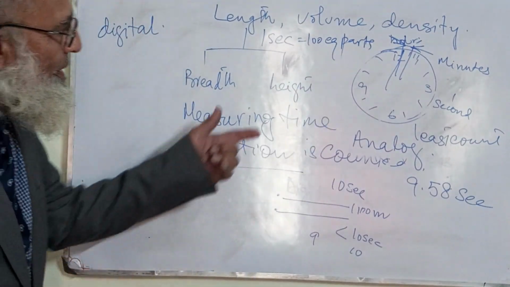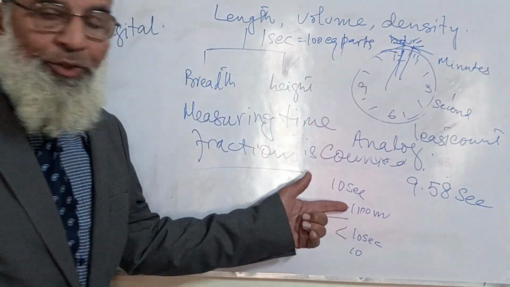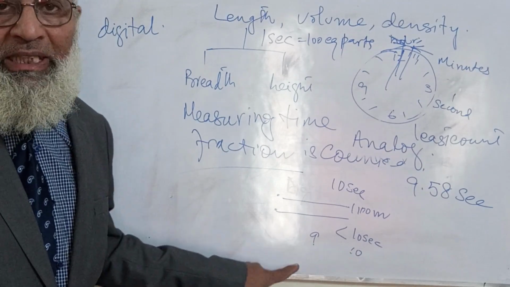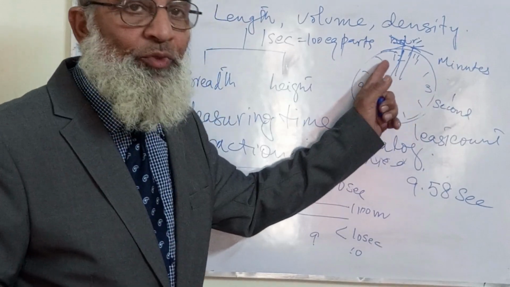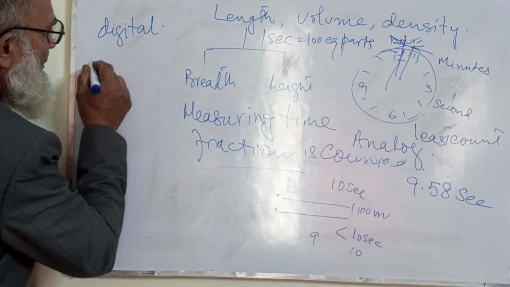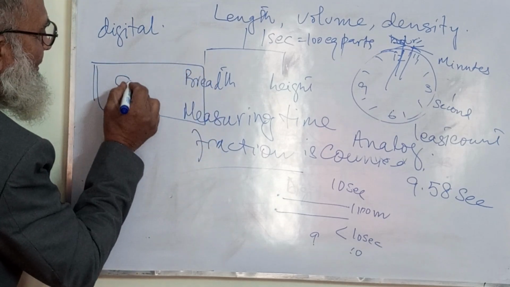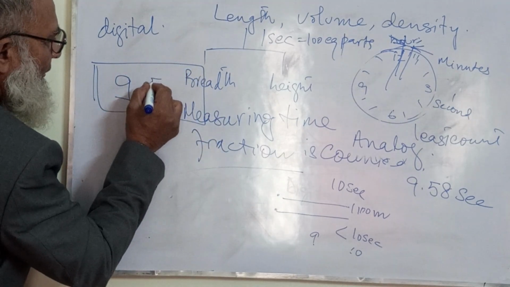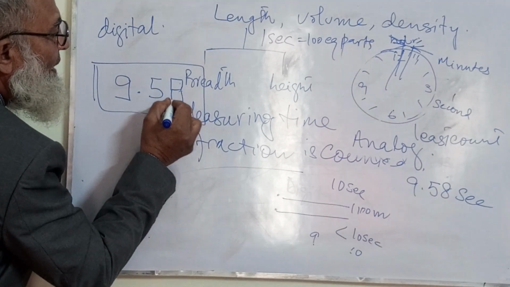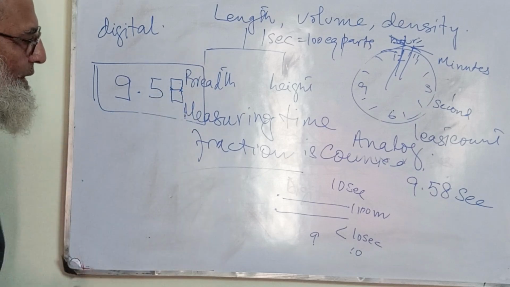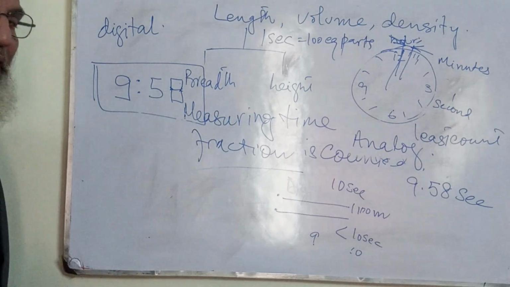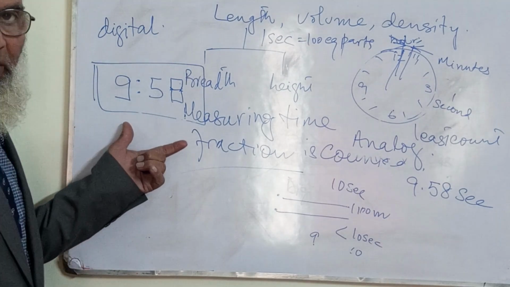So these 100 equal parts will tell you how much less than 10 seconds. Which we could not measure on this clock, we will measure on the digital clock. How it is made, I'll be telling you in future when we study electronics. 9.58.